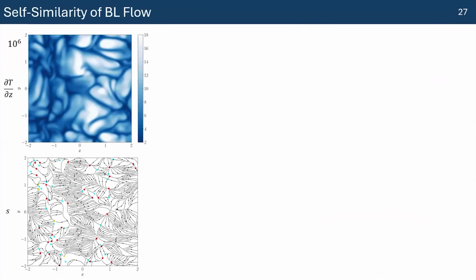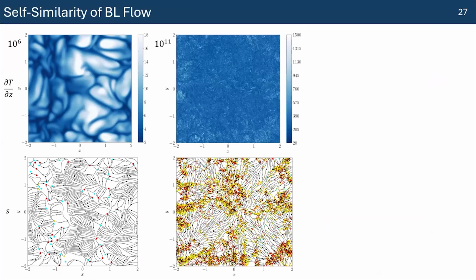So then, after looking at how the critical points are distributed across the plate, we investigated further to see if there's a connection in how the critical points are distributed for different Rayleigh numbers. On the left, we have the temperature field and the critical point distribution for Rayleigh 10 power 6. And on the right, we have the same for 10 power 11.